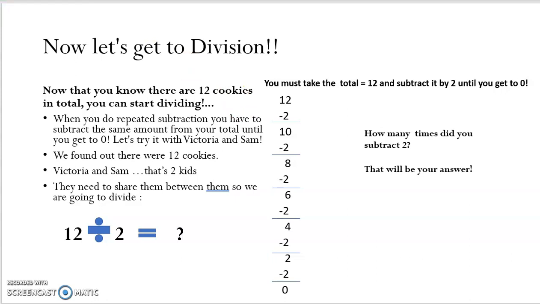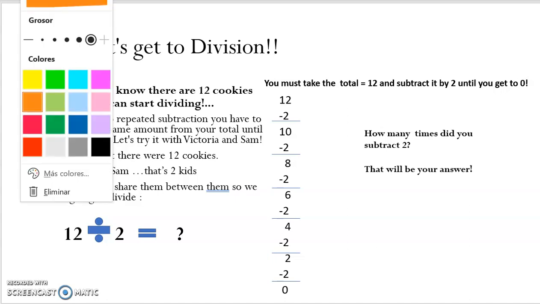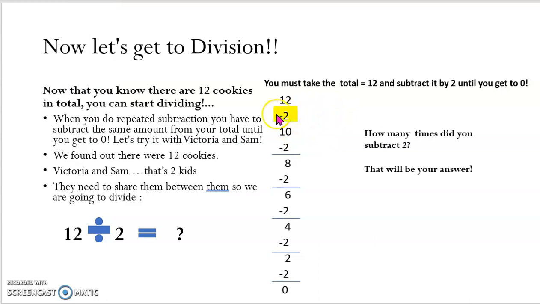So let's see. Let me get my highlighter. Okay, I'll use this one. So here we subtracted minus 2 1 time, 2 times, 3 times, 4 times, 5 times, 6 times.